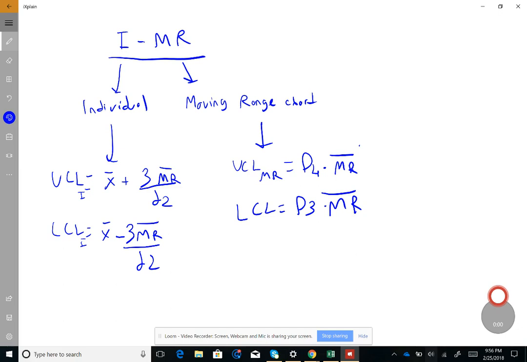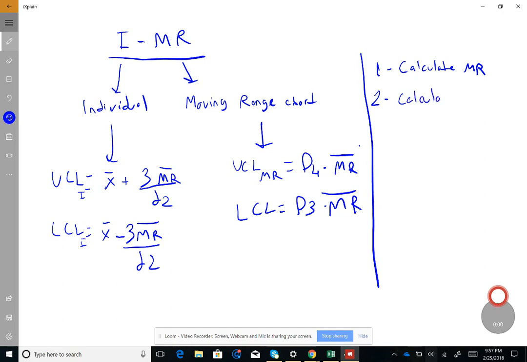Okay, so what is the procedure for that? First of all, we need to calculate the MR. MR was what? MR was the moving range. And the moving range is the absolute value of the differences between consecutive measurements. The second step is we want to calculate the process average and the average moving range.